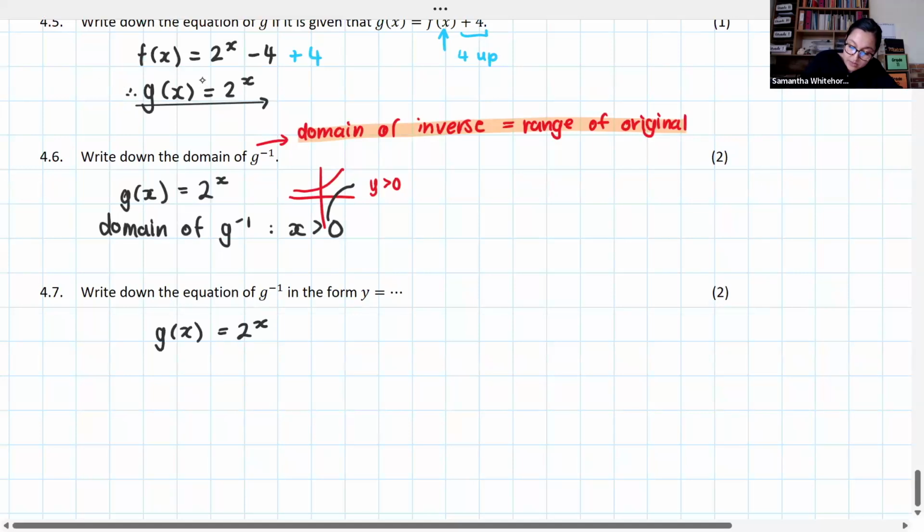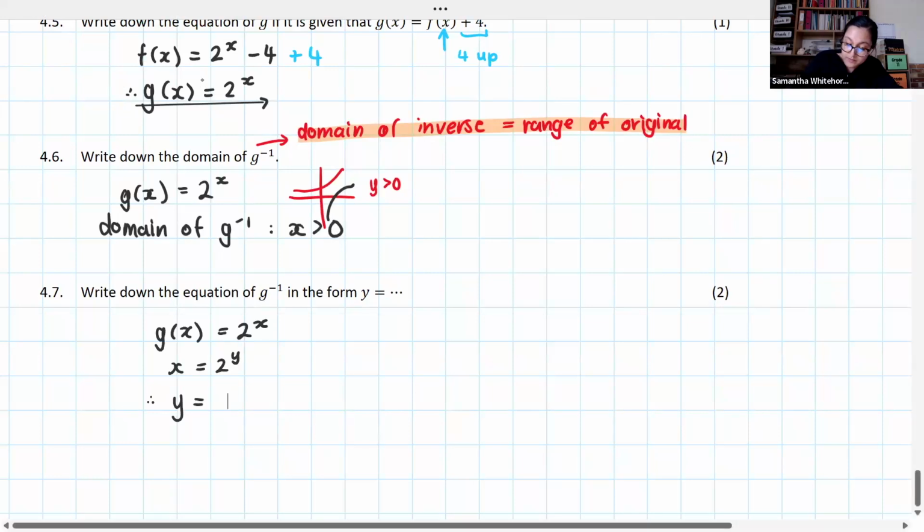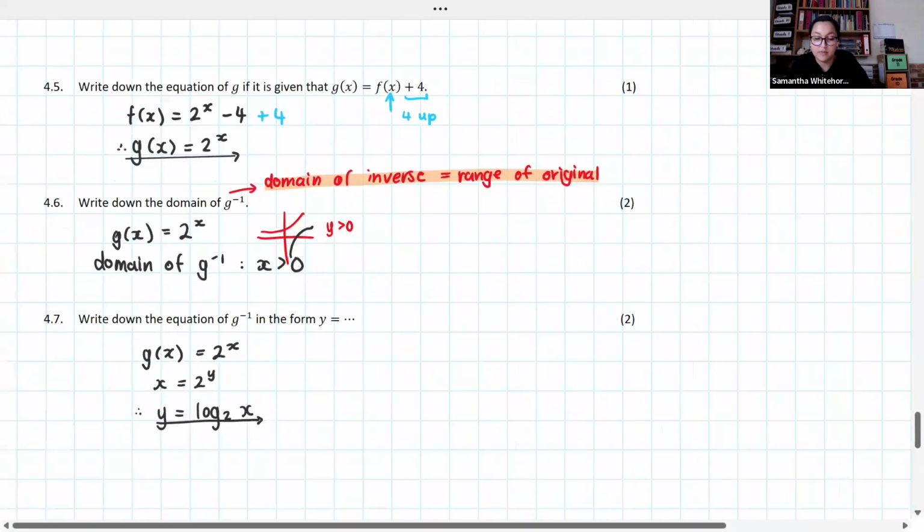That means the inverse is going to be a log. So x is equal to 2 to the power y, which therefore means that g to the negative 1, or rather let's write it in the formatted one, y is equal to log base 2 of x. So we know that the inverse has to be a log function. We can then work it out from there.